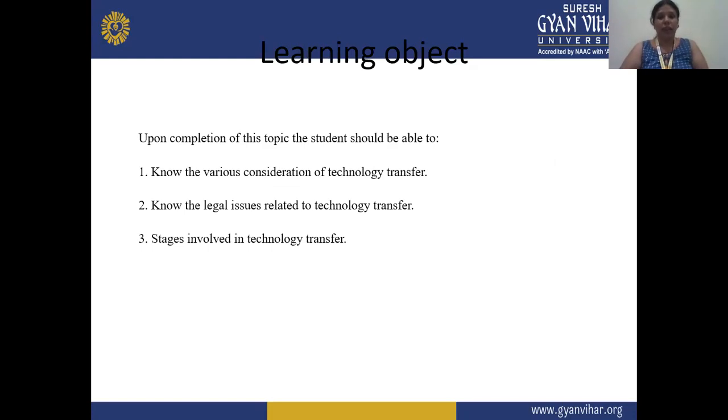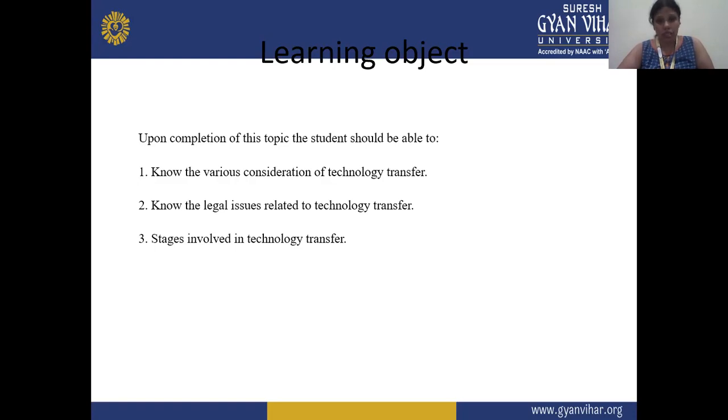So first of all, learning objective. Upon completion of this unit, the students will be able to learn about the various considerations related to technology transfer, that is how the technology is transferred and what is the need of technology transfer. Next, students will be able to know the various legal issues related to technology transfer, why technology transfer is needed, what are the legal agencies and the authorities involved in technology transfer.